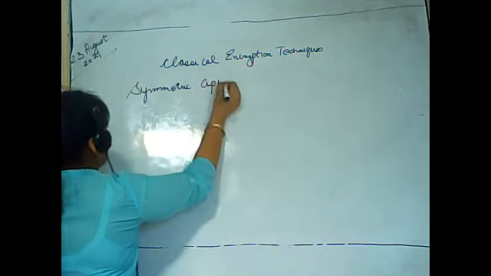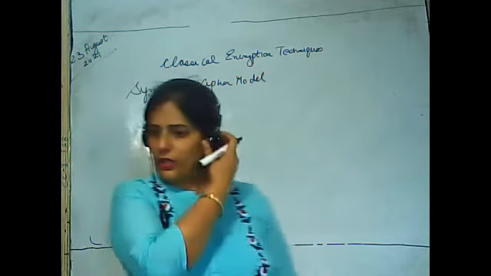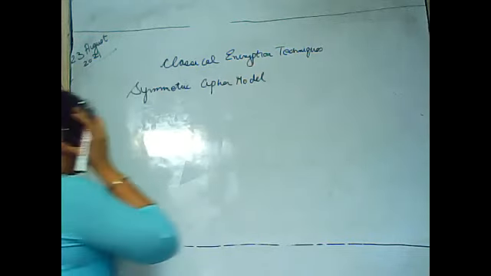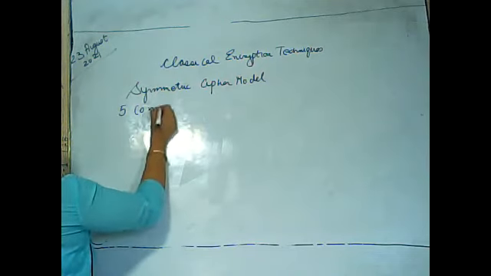We will be using this symmetric cipher model here, and a symmetric encryption scheme has basically five main components. So this symmetric cipher model will be having five main components.